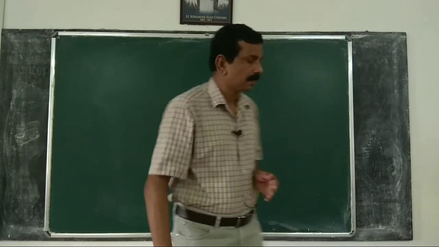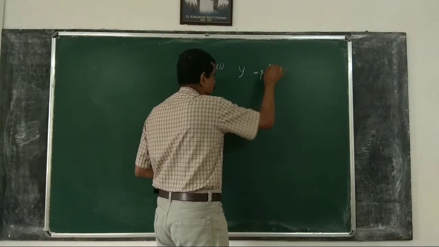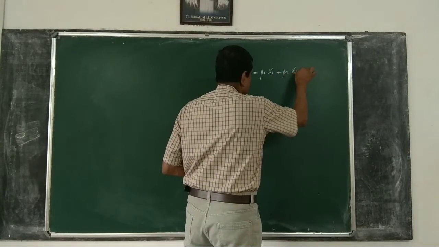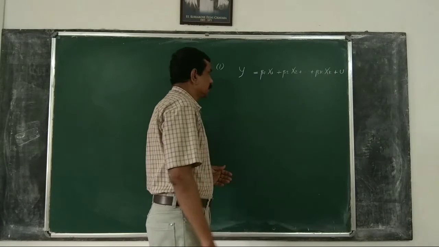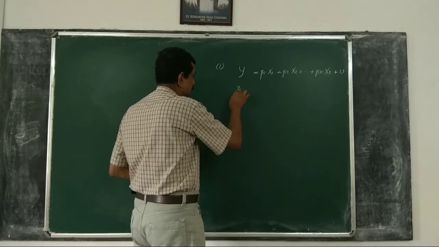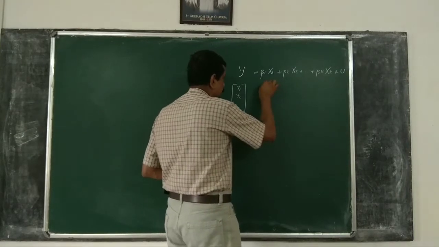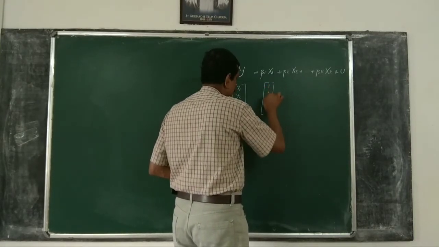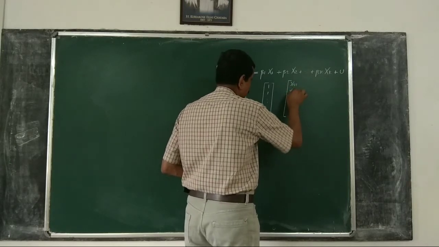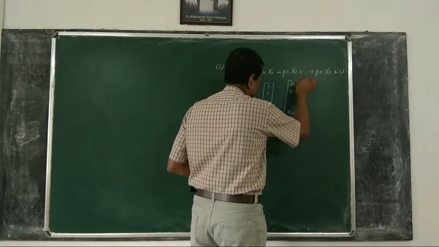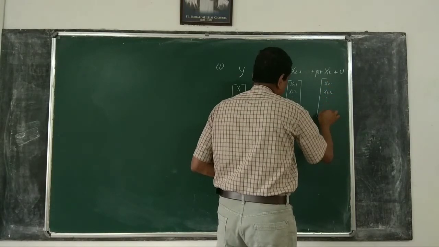That is, Y is equal to beta 1 x1 plus beta 2 x2 plus ... plus beta k xk plus u, where y is the vector y1, y2, ..., yn, x1 is the vector of units, x2 is the vector of the variable x21, x22, ..., x2n, and xk is xk1, xk2, ..., xkn.